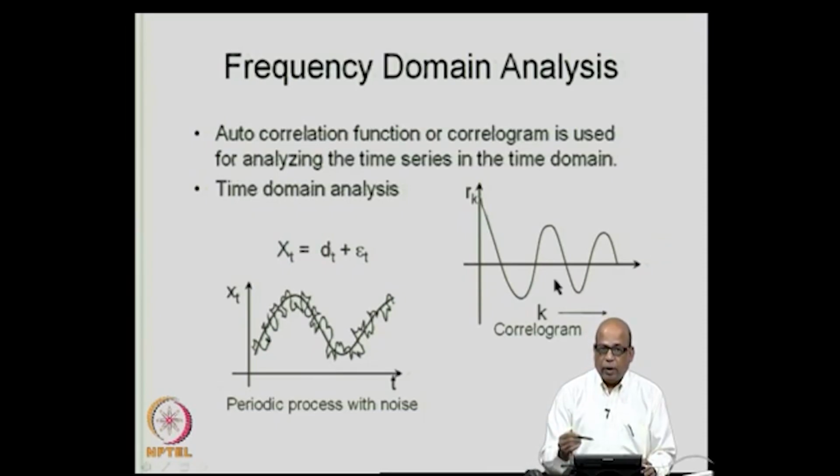The correlogram indicates that yes, there are periodicities inherent in the data, but identification of the exact and significant periodicities is better done with spectral analysis, where we transform the time series x t into the frequency domain, and then we analyze the time series in the frequency domain.